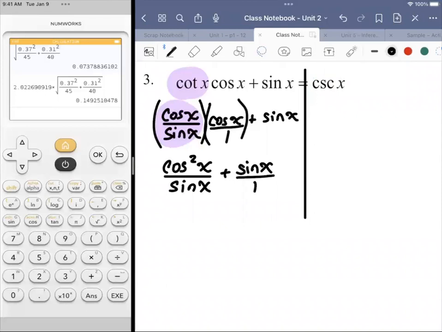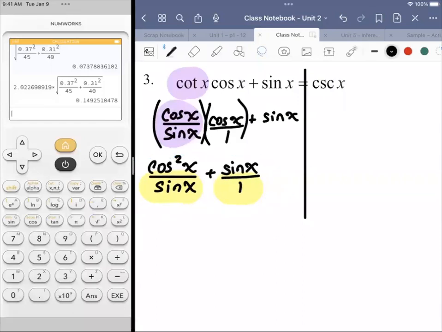All right. So I'm looking at this and saying, okay, well, I want to add fractions. We add fractions by making the denominators equal and then combining the numerators. So I want to make that 1 into a sine of x. I'm going to do that by multiplying the top and bottom of the second fraction by sine of x. All right. So the common denominator would be sine of x.